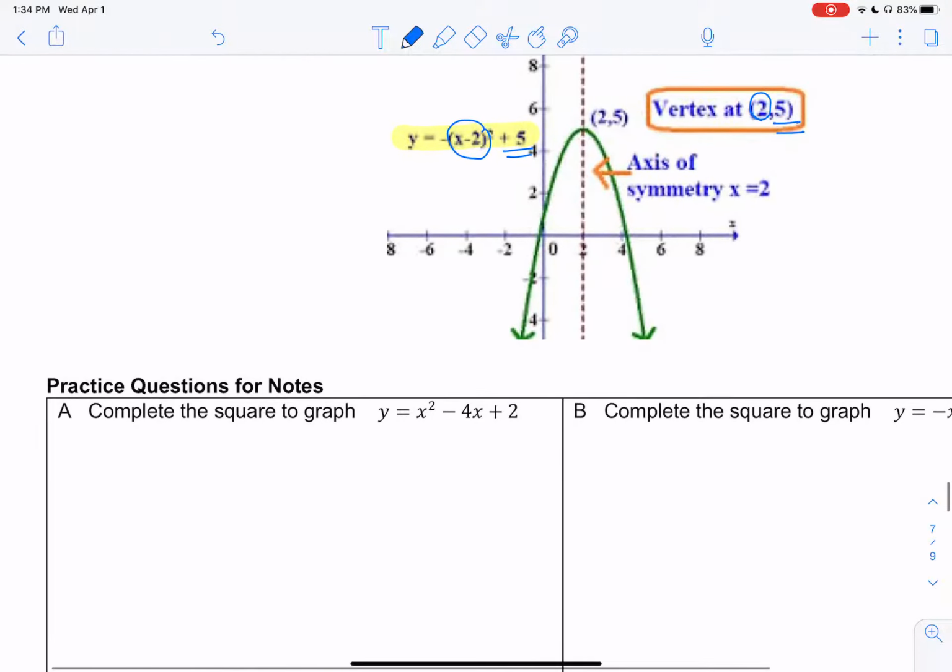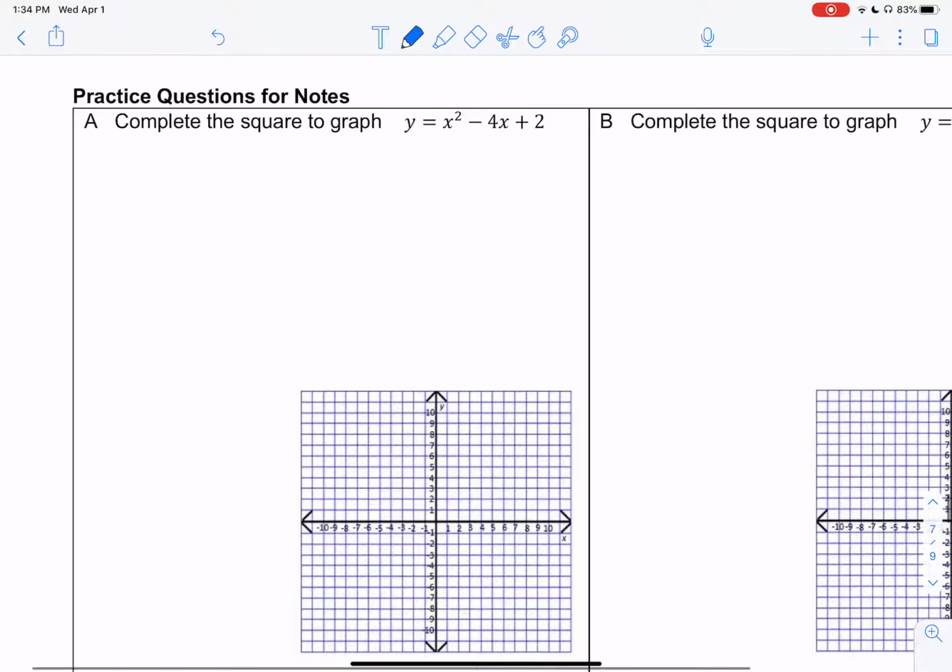All right, so we're going to start off with a practice question A. And it is asking us to complete the square in order to graph this. So the first thing I'm going to do is set up a complete the square box. So I'm going to write the question as I see it, but I'm going to go ahead and put my parentheses in, put my x squared minus 4x, but then I'm going to have my magic box, close the parentheses.